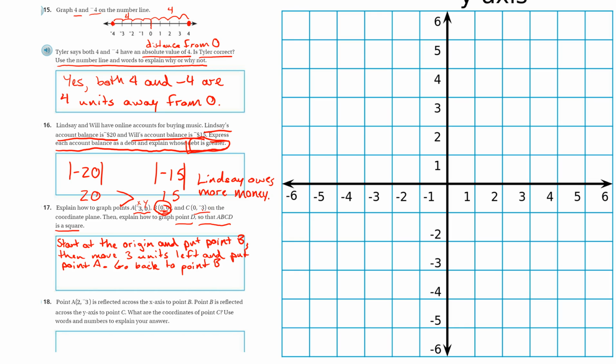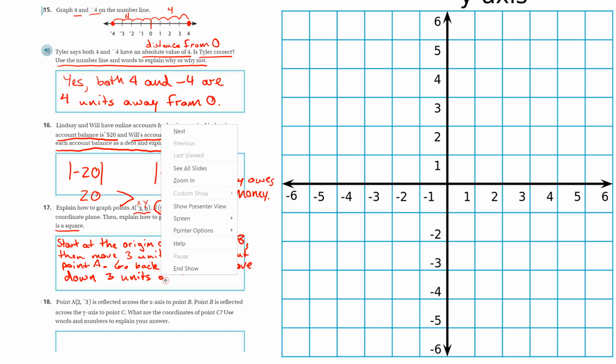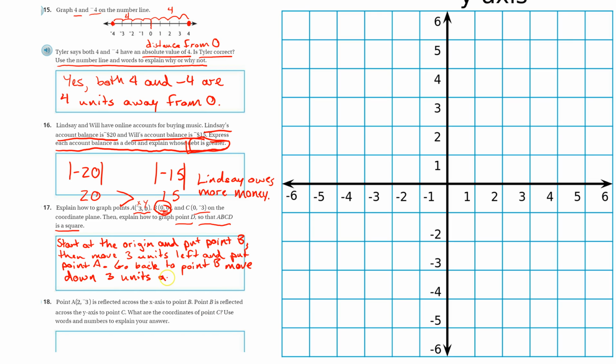And to get to point C from the origin, I move down 3 units and put point C. Okay, that's the easy part. Now I've got to figure out where point D is going to be.